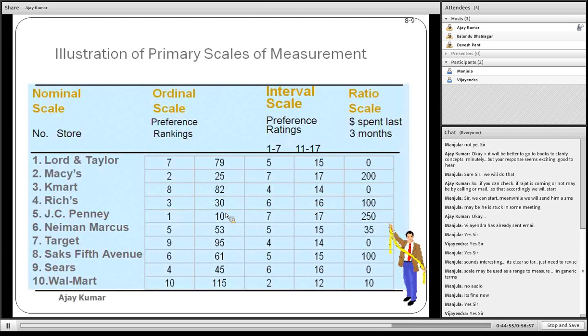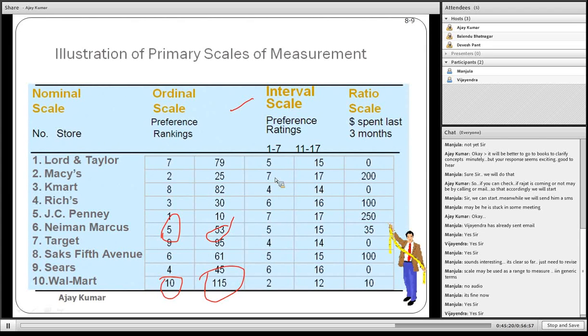So the 10 rank here, which is of Walmart, is 115 here, and that conveys the same meaning, because we know that 115 is better than 53, and we also know that 10 is better than 5. So both convey the same kind of results. That is ordinal scale for you.